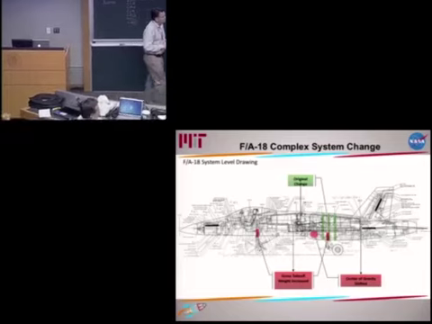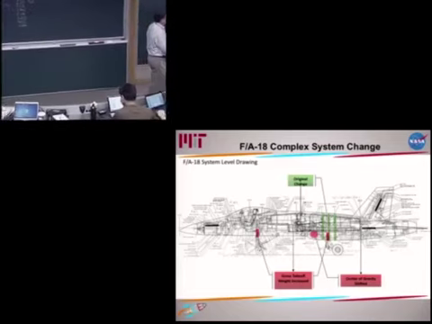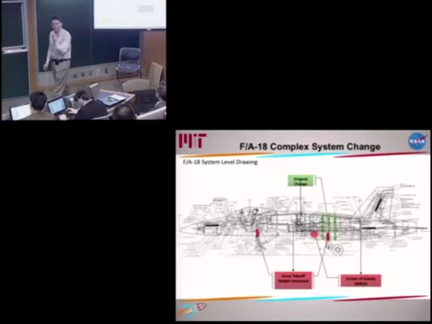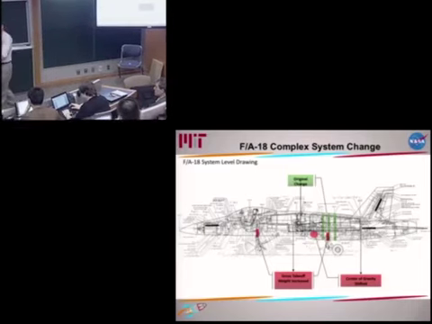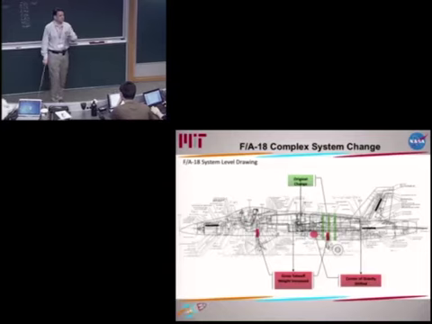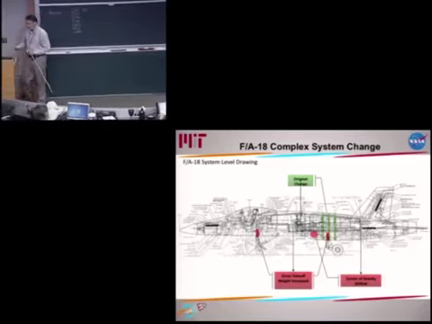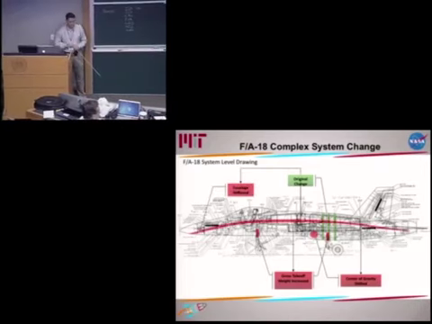Another issue now is the center of gravity of the aircraft has been shifted. Not a lot, just by a couple inches, but shifting the center of gravity in a complex system like this is a big deal. You have to make sure you have pitch stability in all flight conditions. So this was a bit of a challenge.